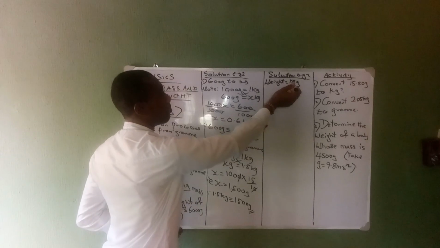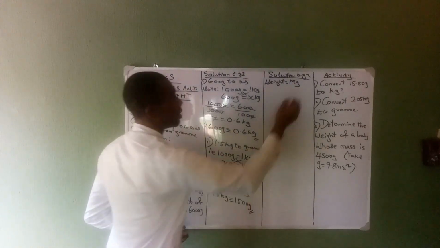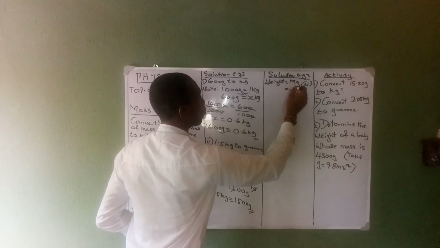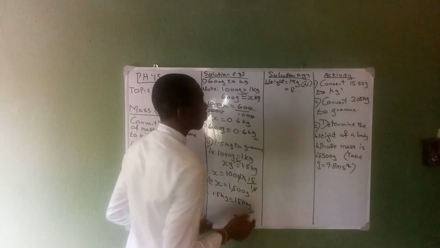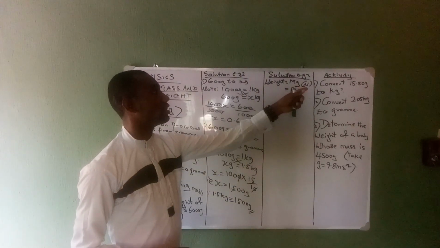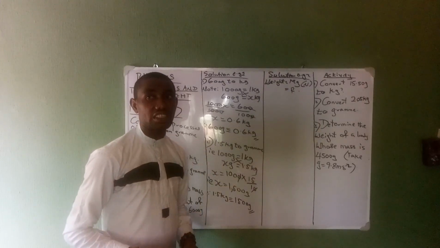This mg, m is the mass and g is the acceleration due to gravity. Measured in what? In Newton, which is equivalent to force. So we can say that weight is equal to mg measured in Newton, and also is equal to force, because force also is measured in Newton.